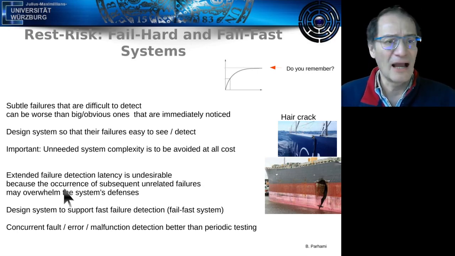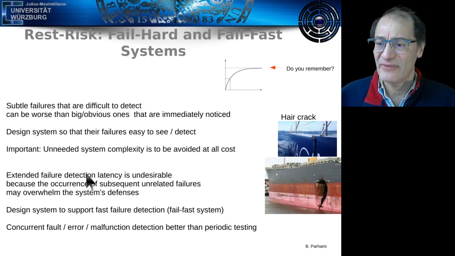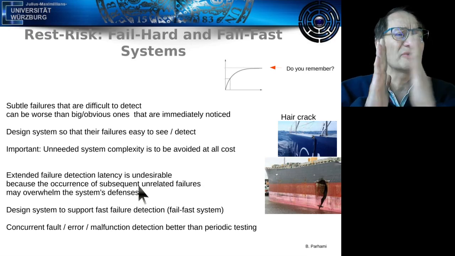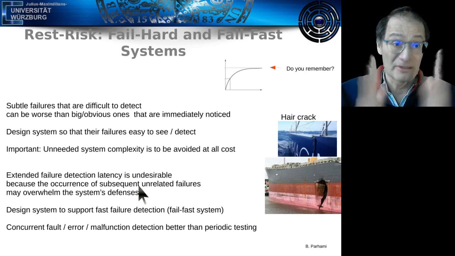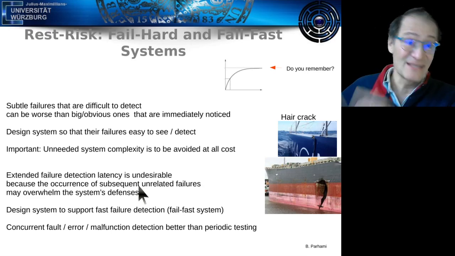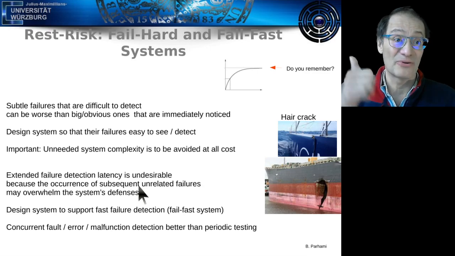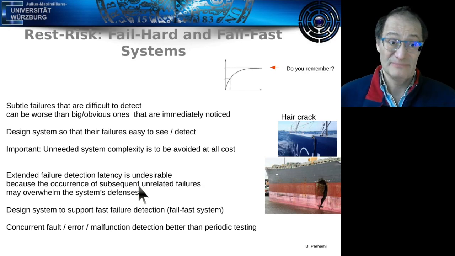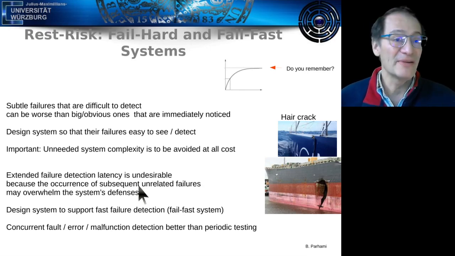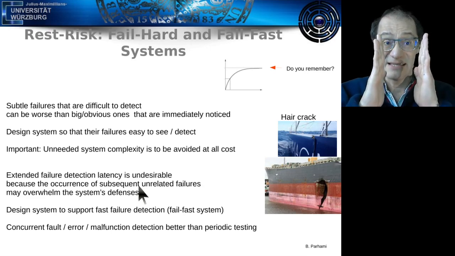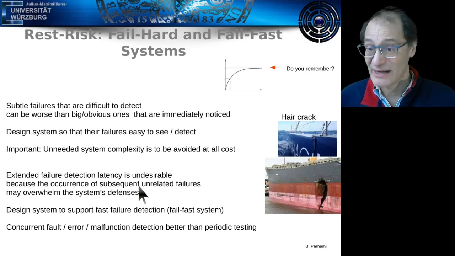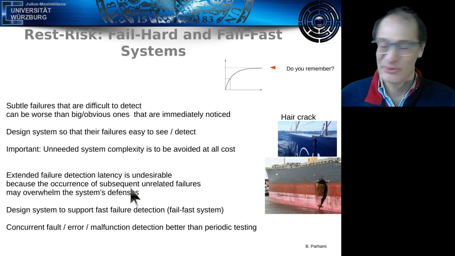Okay, and another bad thing is the extended failure latency. So if something was wrong and a long time goes by until you detect an error, that's a very dangerous situation. In the case of Apollo Tryson, do you remember the error was 5 years before, and 5 years later you have the accident. So try to do everything to reduce this latency between the fault and the failure, so you can react faster, so you can detect it.